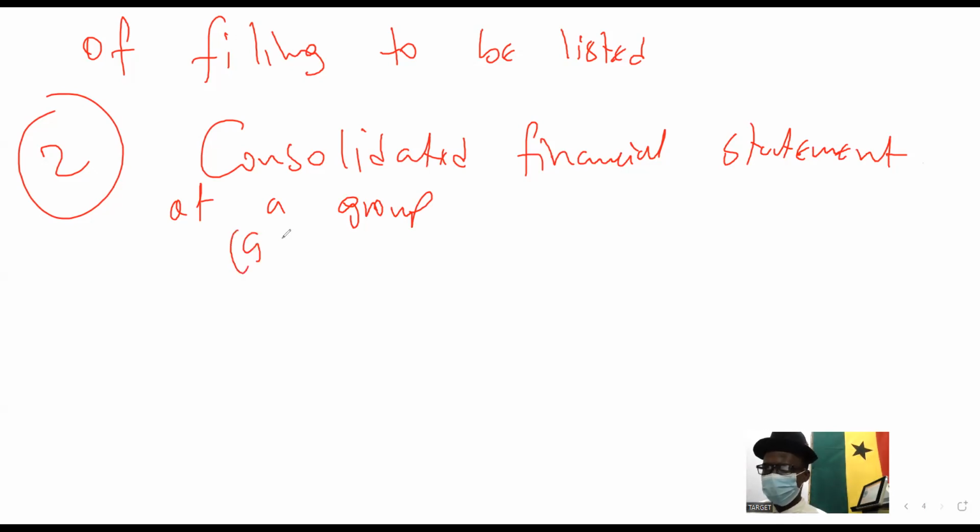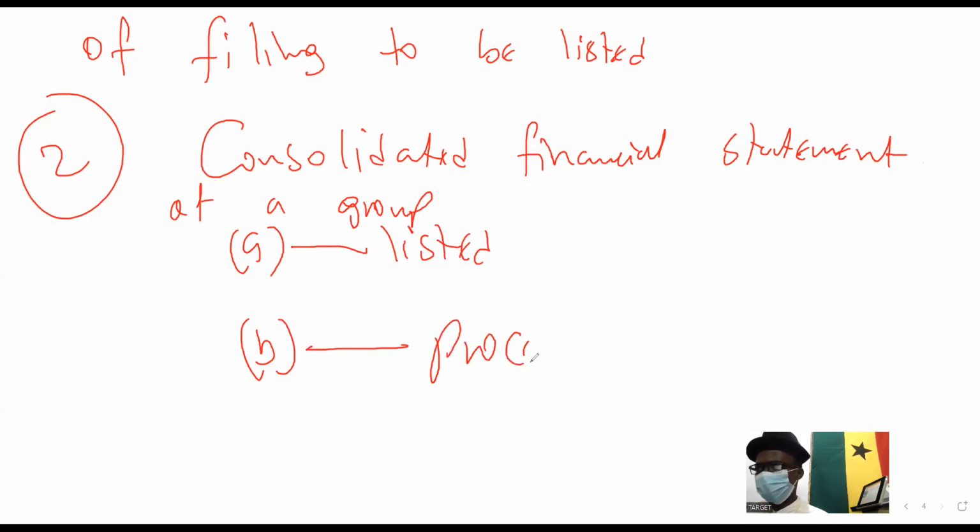Follow the ladder. The same rule must apply here. Listed, then the process. They are in the process to be listed. Take notice. That's the parent company. So I'm done with the scope.